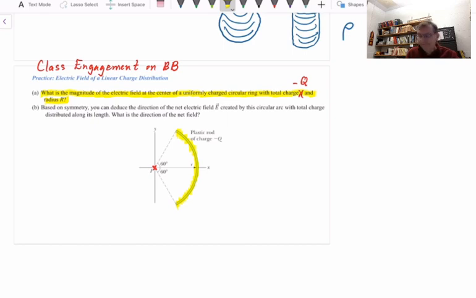Oh, shoot, I beg your pardon. I said that wrong, so I apologize for that. I was looking at the picture and I should not have been for part A. Let me try to say it again for part A. What is the magnitude of the electric field at the center of a uniformly charged circular ring with total charge Q and radius R?